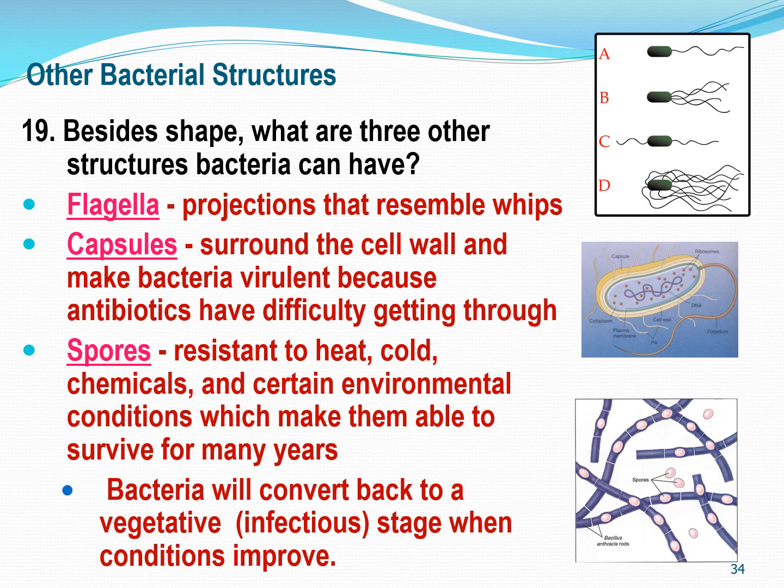Bacteria will convert back to a vegetative, infectious stage when conditions improve. In other words, they may go into a dormant-like stage if conditions make it difficult for them to thrive. But the minute conditions improve where they can survive, bacteria will convert back to that infectious state.